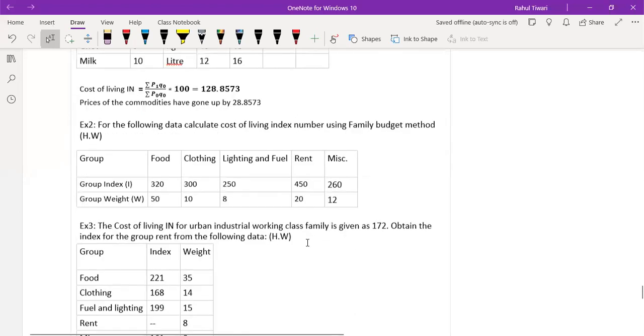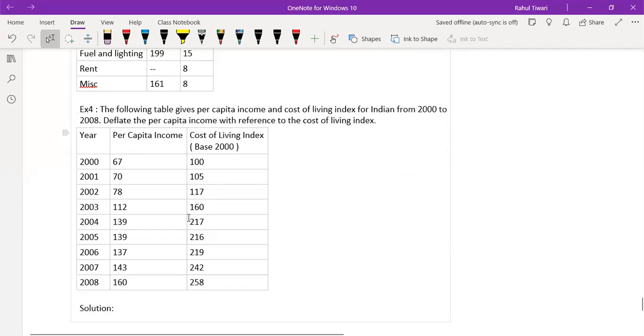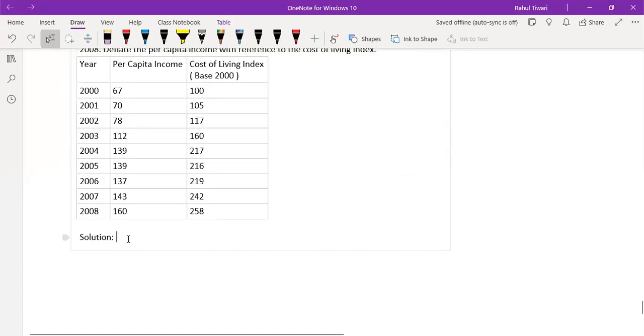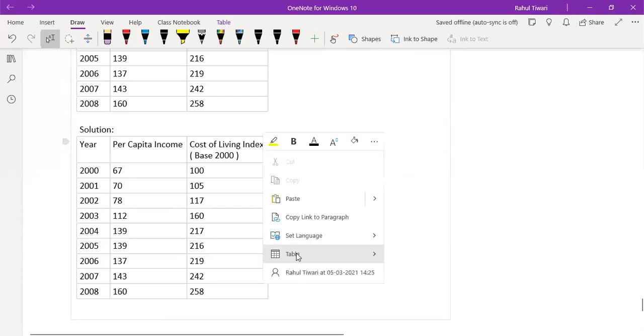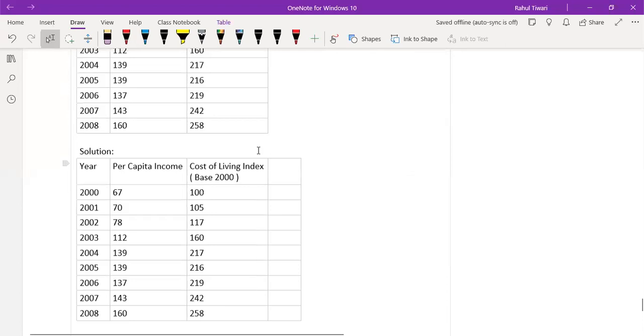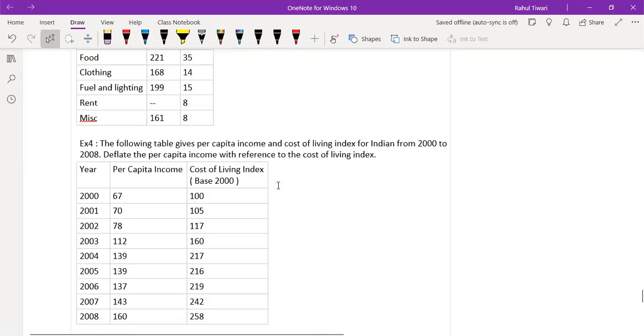So simply what you have to do in the solution, you need to create the same table and put one more column there. And what is the column? That is the real income, which will be obtained using this.